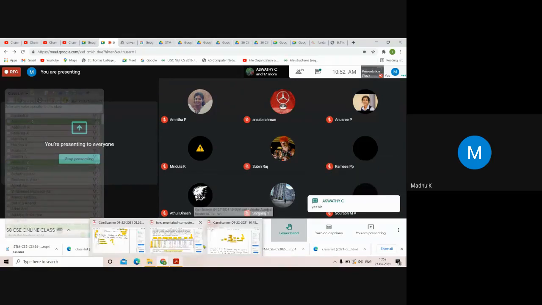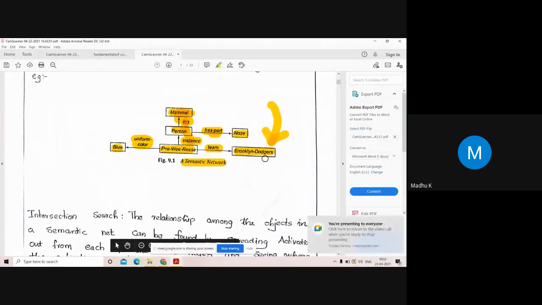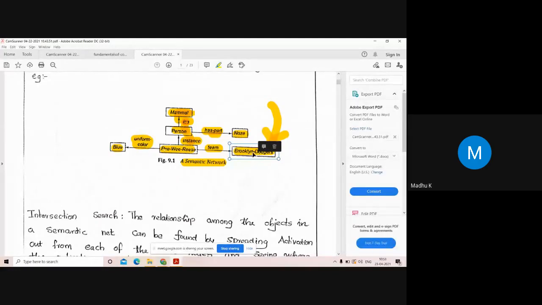So, coming to the point, in this example Brooklyn Dodgers is a team name, and PV is a particular person in that team. He is a particular person of the class person, so it is an instance relation, and person belongs to the mammal class.